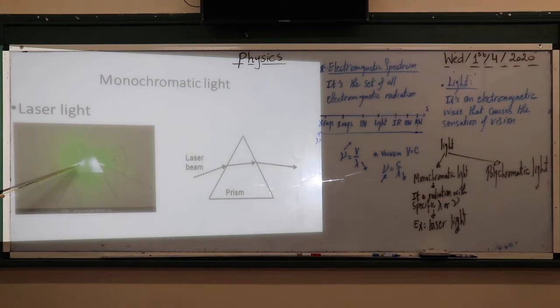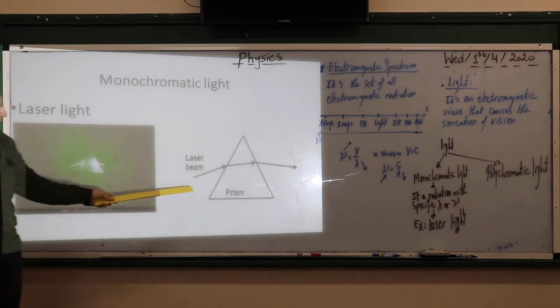It enters with frequency mu and leaves with the frequency mu without changing its frequency. This means that it is only one color, one radiation. So laser light is monochromatic light.